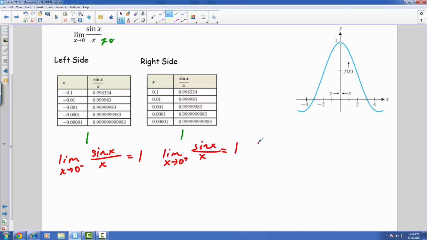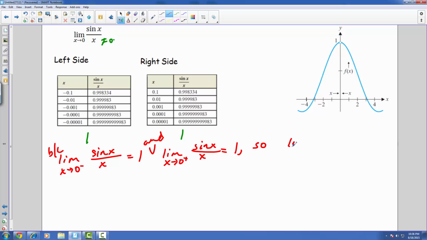And as a result, because the left one worked and the right one worked, we have a limit, and it's also in fact equal to 1.